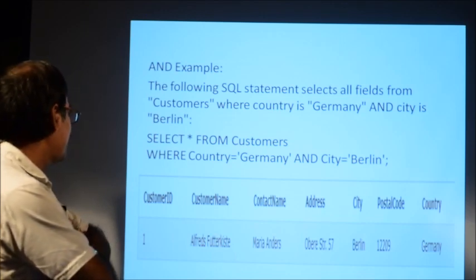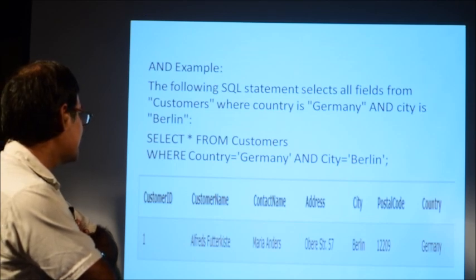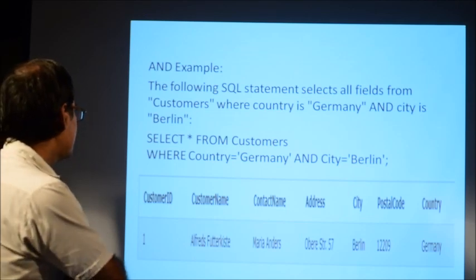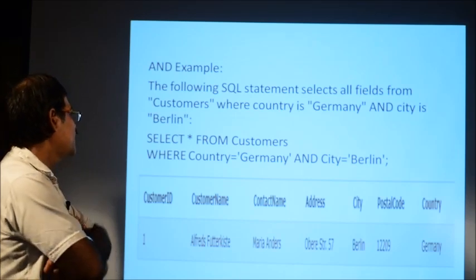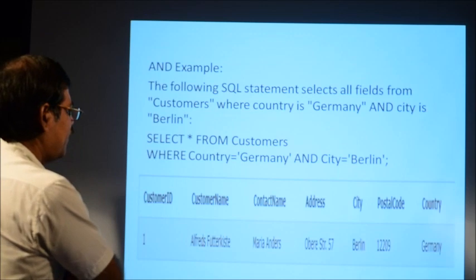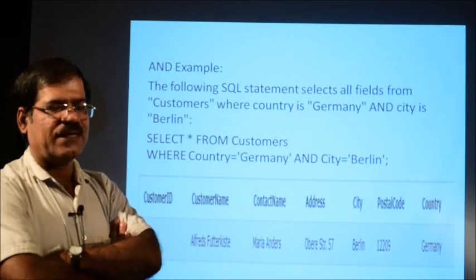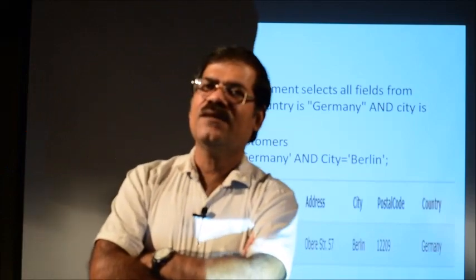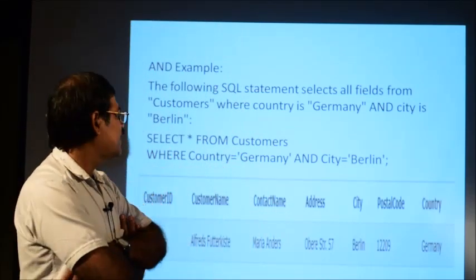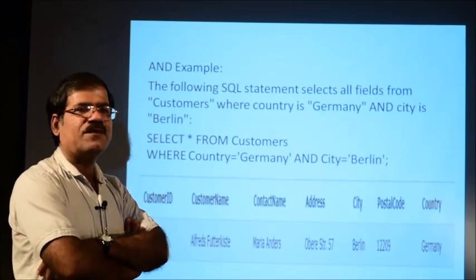The one customer is Alfred Kiste, with customer ID 1. He belongs to country Germany and the city name is Berlin. If the country is Germany but the city is not Berlin, no record will be selected.